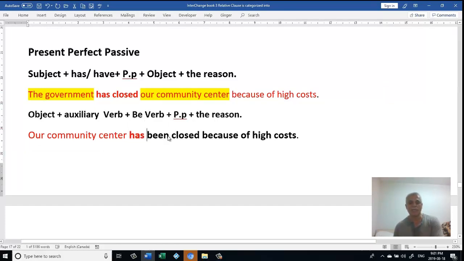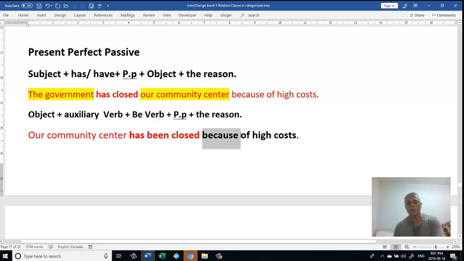This is I add be plus past participle. But because here it's in the past participle, this be also has to be made past participle. Then we have the second past participle. We're gonna say here, has been closed because of high costs.